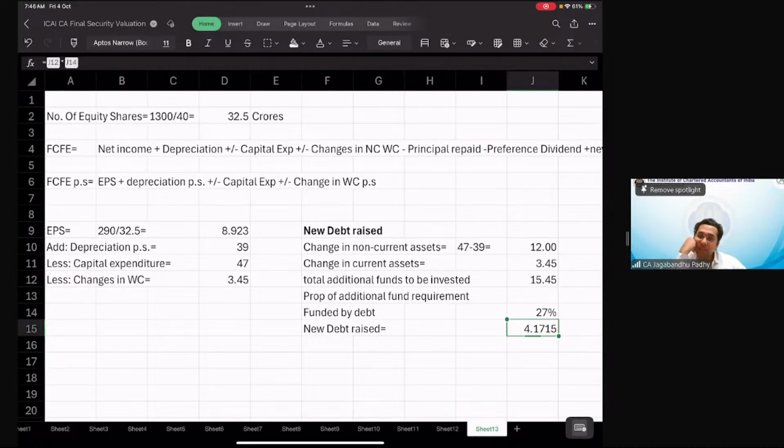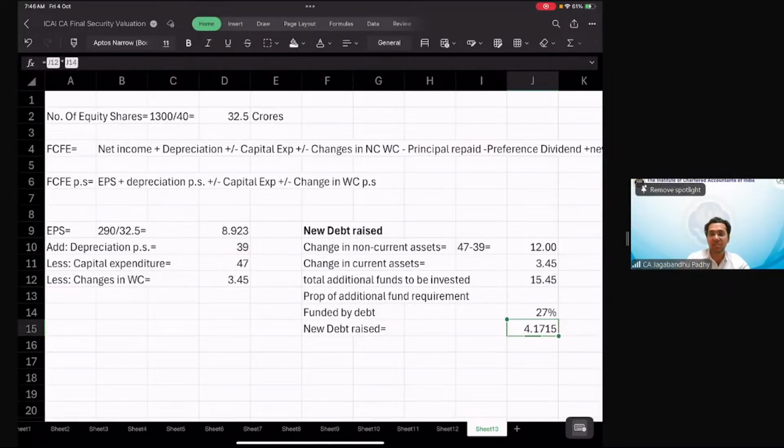Okay. Karthik is saying the change in non-current asset is not clear. See, your capital expenditure is 47, but there is a depreciation of 39. So your gross fixed assets are increasing by 47, but then you are claiming depreciation.